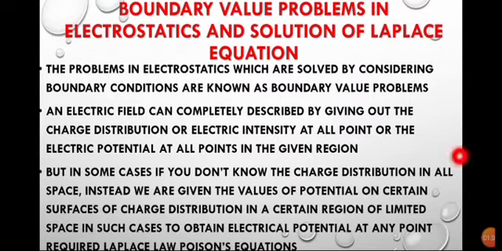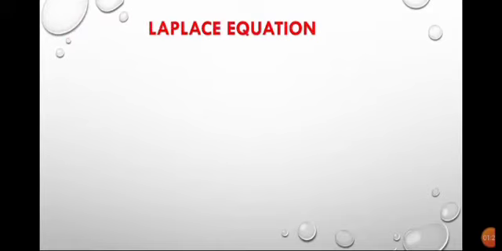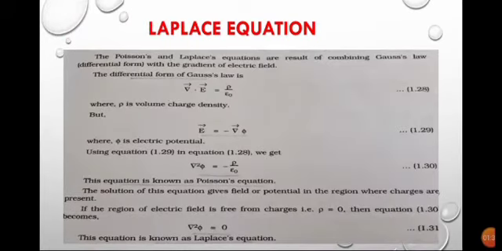But in some cases, if you don't know the charge distribution in all space, instead we are given the values of potential on certain surfaces of charge distribution in a certain region of limited space, then in such cases to obtain electric potential at any point, what do we require? The Laplace law or Poisson's law. So Laplace equation can be described like this.